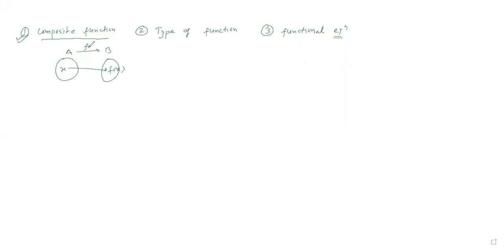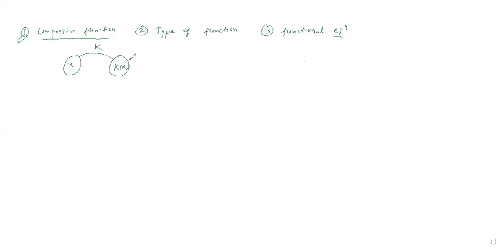If I erase this and write something else, if this one is x and the name of the function is k, then this is k of x.